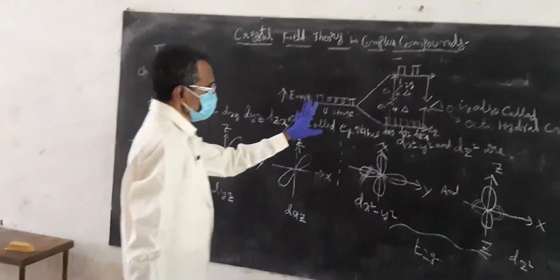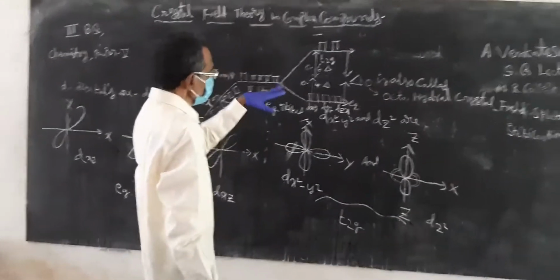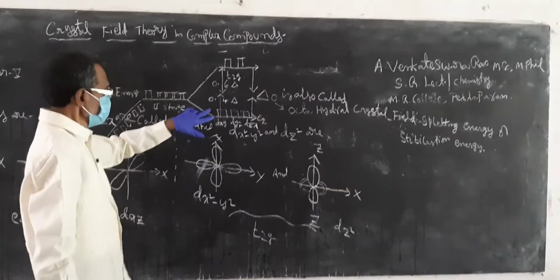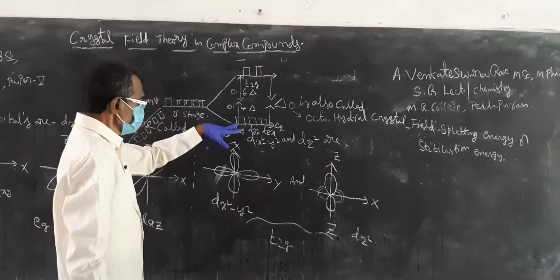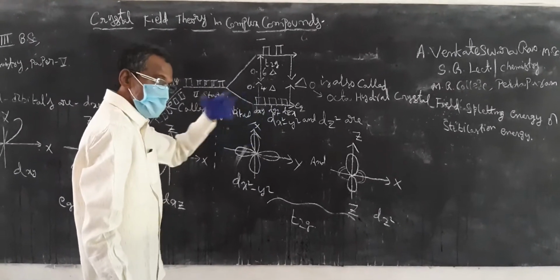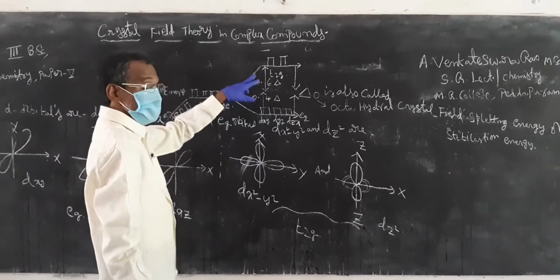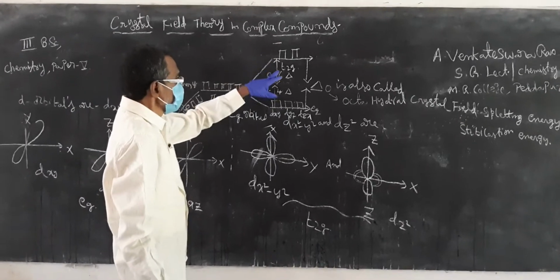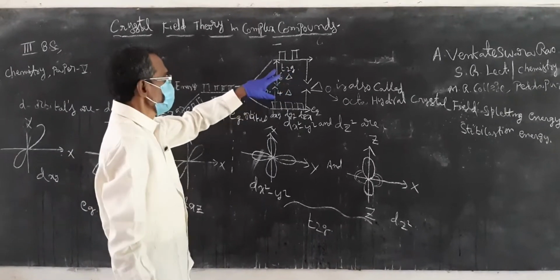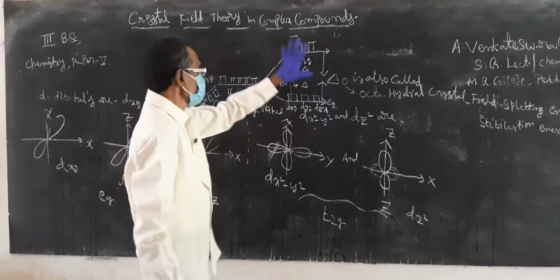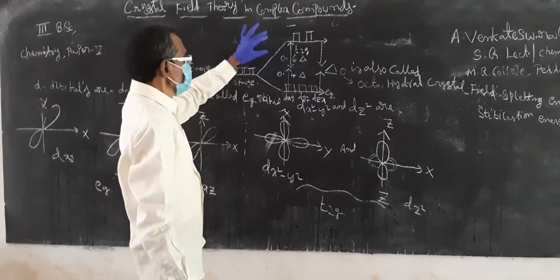In octahedral complexes, electrons are first filled in dxy, dyz, dzx. Then the remaining electrons are filled in the higher orbitals, dx2 minus y2 and dz2.